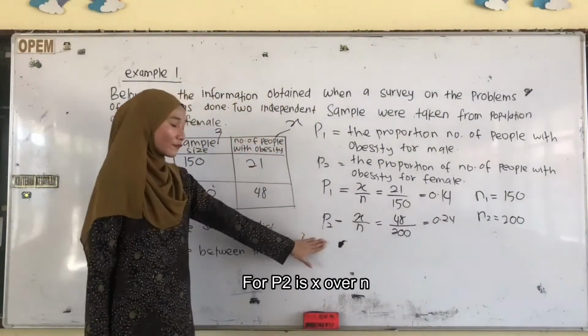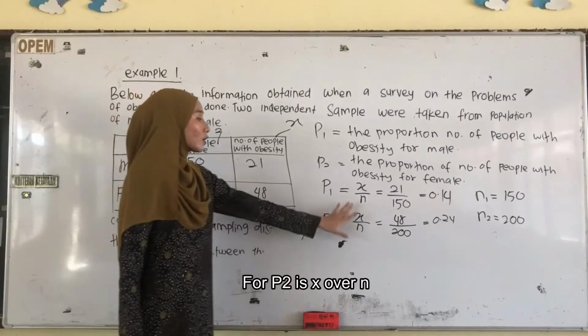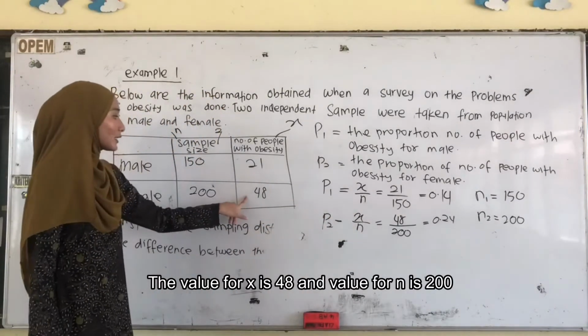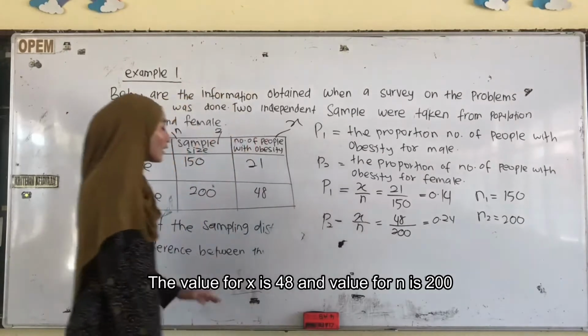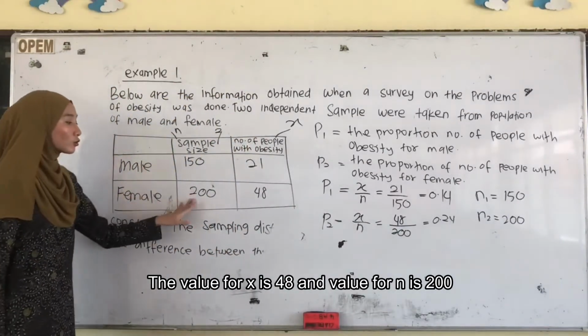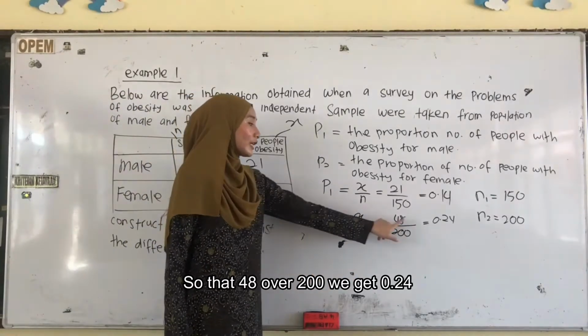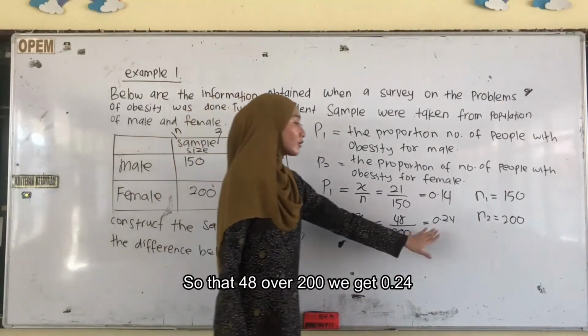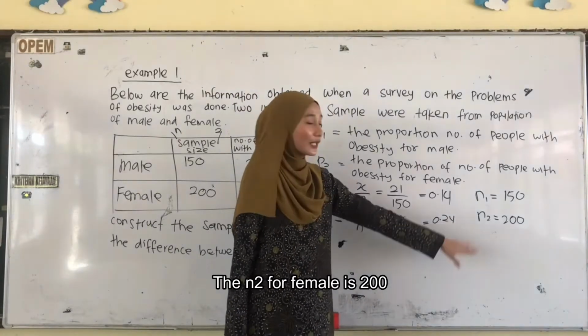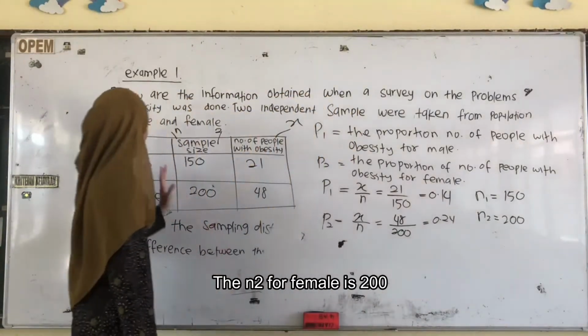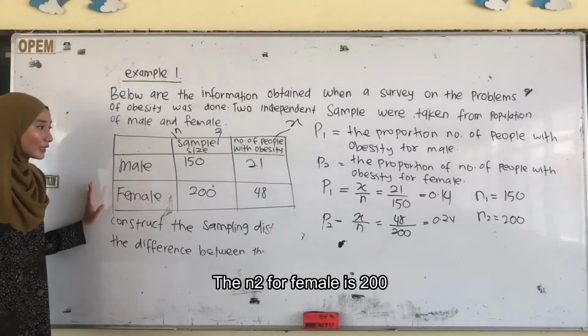And for P2, X over N, the value of X is 48. And the value for N for female is 200. So 48 over 200, we get 0.24. And the N2 for female is 200.